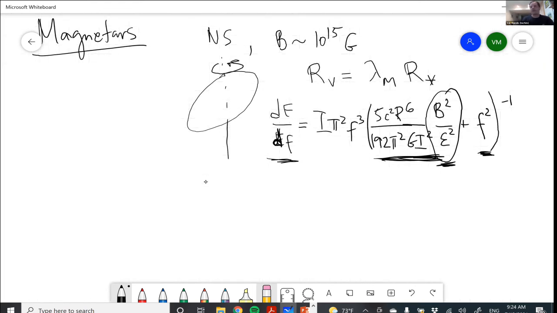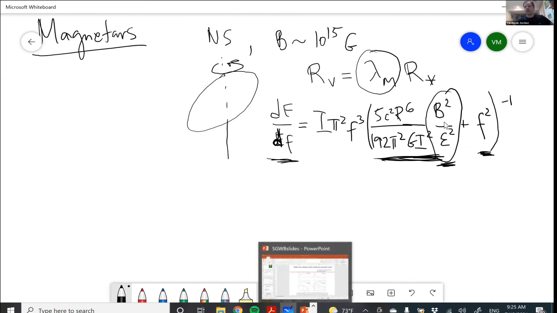the dF that we would be dealing with, and you see that there are basically three unknown quantities here: the magnetic field itself, the ellipticity epsilon, and this factor lambda m, the fraction of the stars that end up in magnetars. So you can then do the same kind of study that I described before.